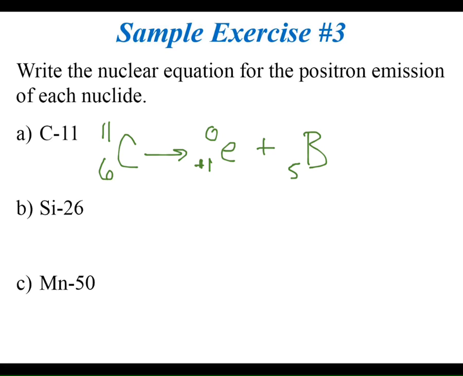Boron what? 11 still, right? Because if that's 6, 5 plus 1 is 6. Okay, I think we're getting this. Silicon-26. What's silicon's atomic number? 14. So if it undergoes positron emission, what else must it make? Aluminum, which is number 13, yes. Aluminum-26. Good.